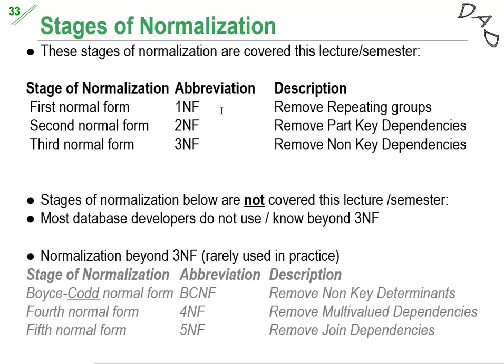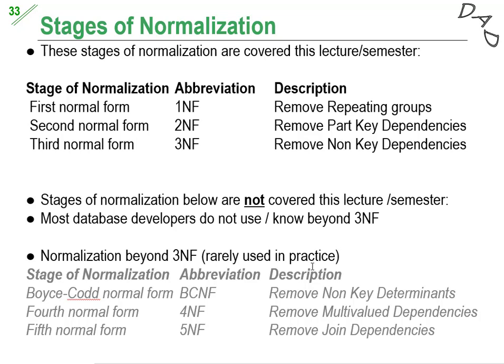From first normal form to second normal form, we need to remove part key dependencies. In order to achieve third normal form from the second normal form, we need to remove non-key dependencies. So if you remove repeating groups, part key dependencies, and non-key dependencies, you can achieve the third normal form.